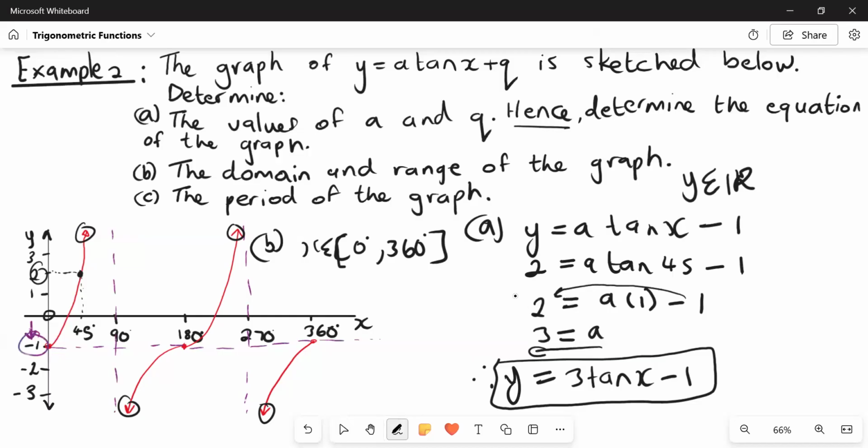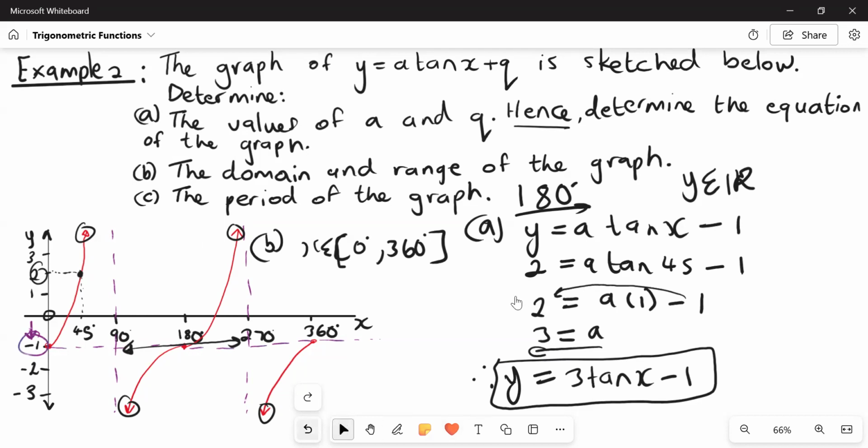And then the period. The period of the graph is just 180 degrees. That's the standard period of a tan graph. So in every 180, you get a complete cycle. So here's the complete cycle here at 180. Now, the story of period. The period is just a horizontal length to complete one cycle.